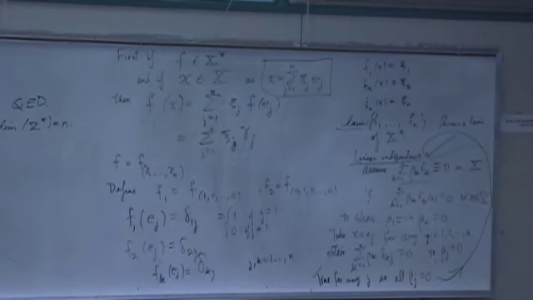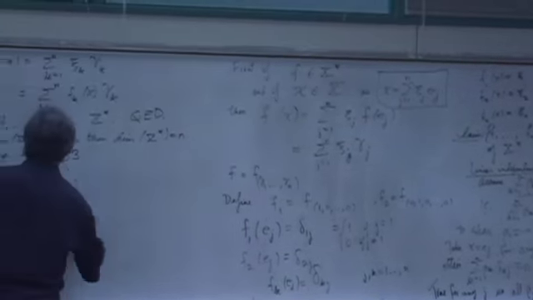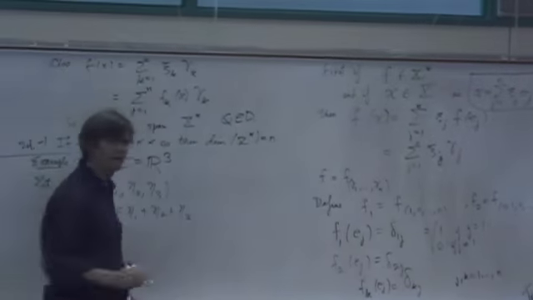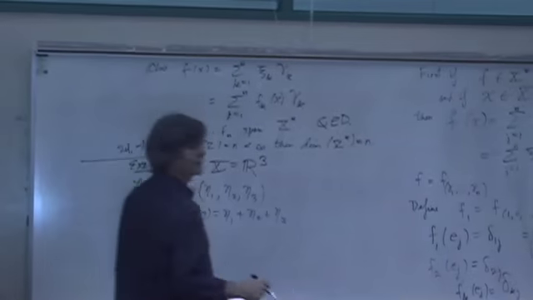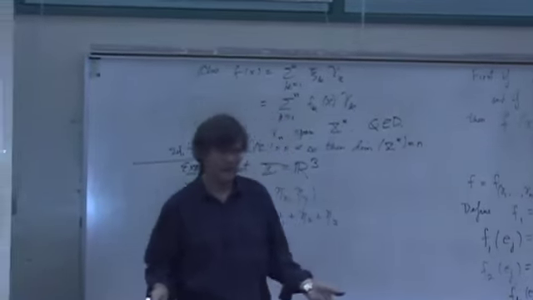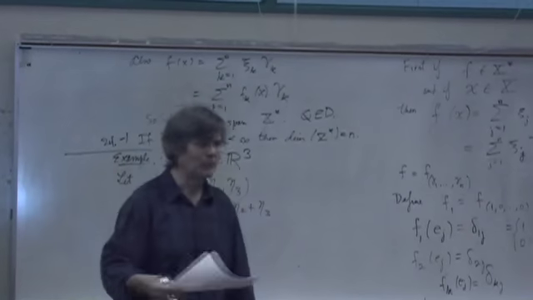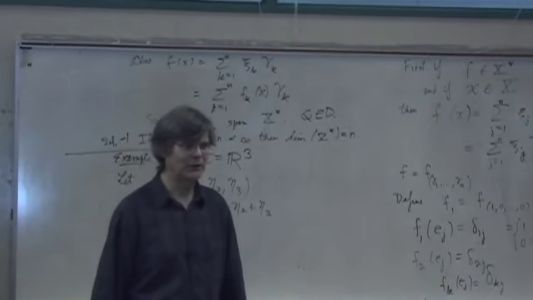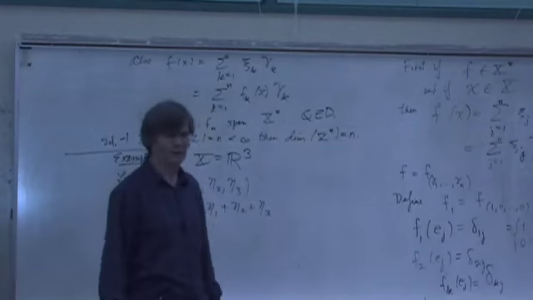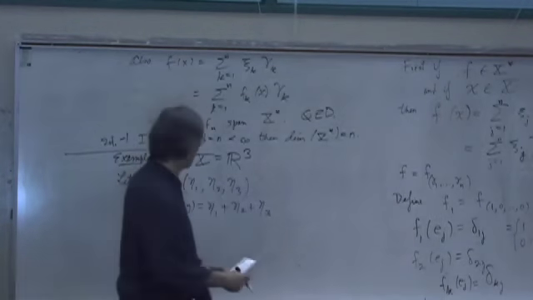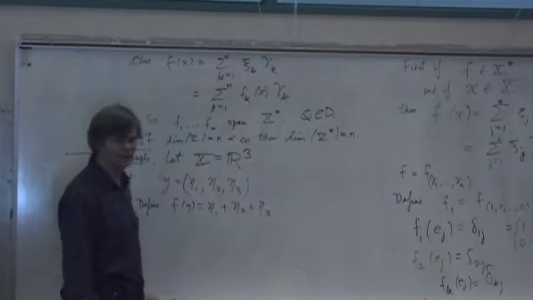And so I'm calling it y, and define f of y equals eta 1 plus eta 2 plus eta 3. All you're ever getting is a linear combination of coordinates, but the coordinates have to be relative to some basis. And here I took the coordinates relative to the standard Euclidean basis, 1, 0, 0, 0, 1, 0, and so on, to define some linear functional.